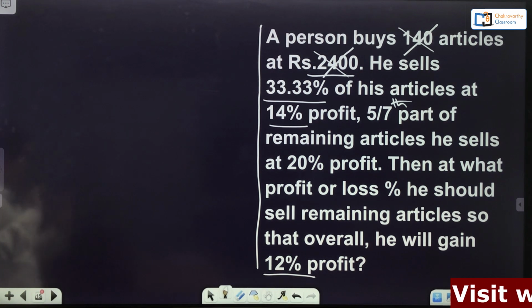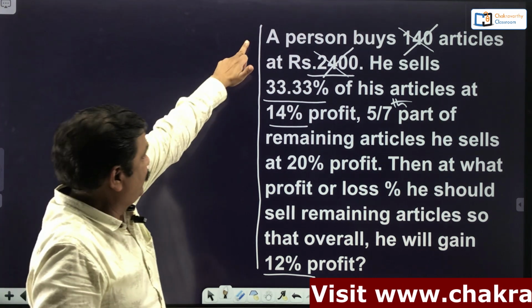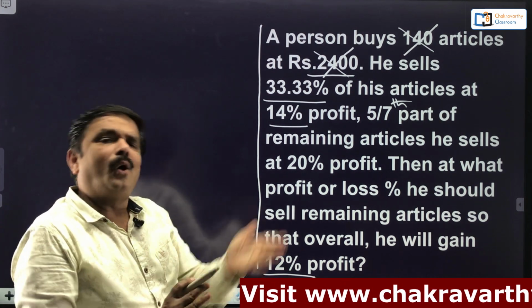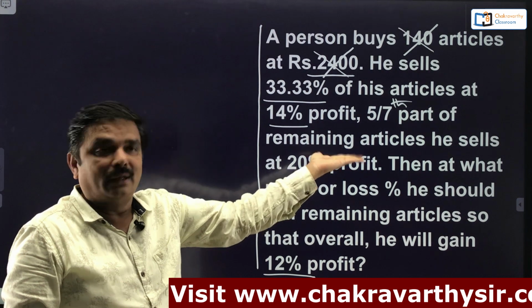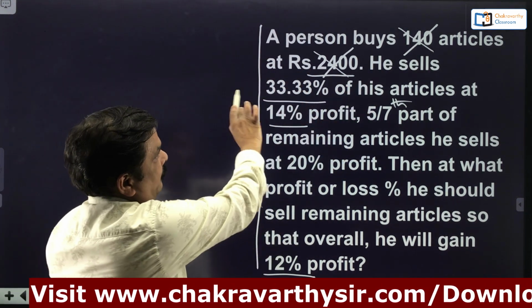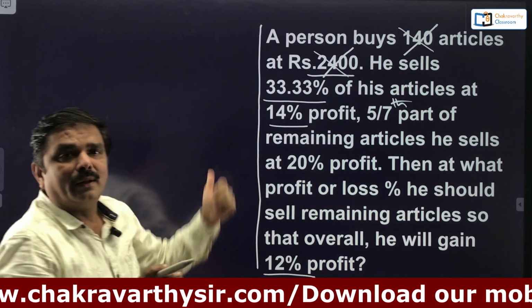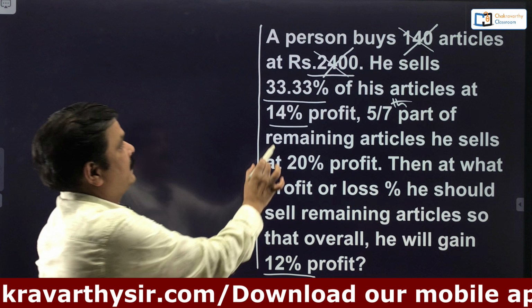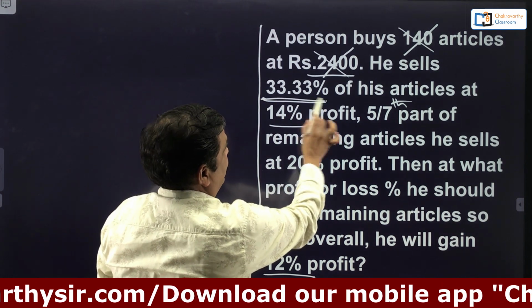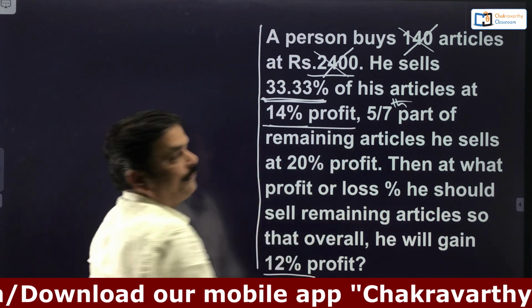Hope you have done. Since it is the recorded class, I am just starting it again. Now you say, first read the problem properly. Already I have read for you, but still we'll go like this. A person buys 140 articles at 2,400. Actually, I don't need this figure. Leave it. Then he sells 1 by 3rd, 33.33 means 1 by 3rd of his articles at 14% profit.